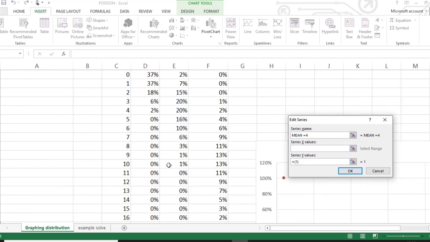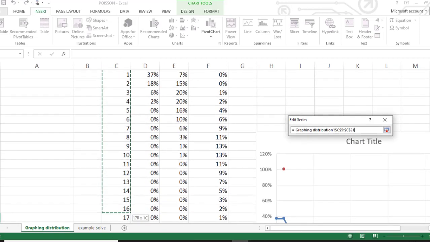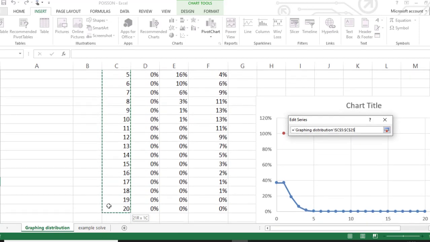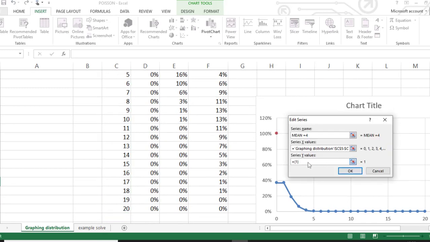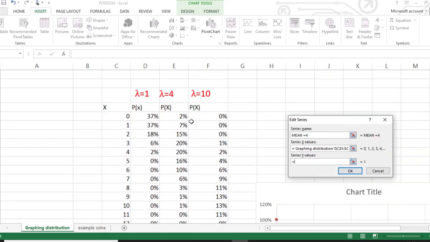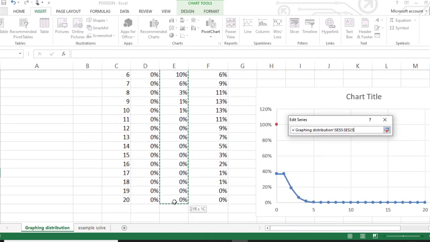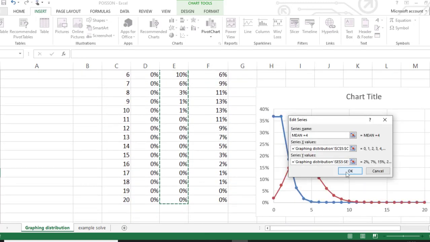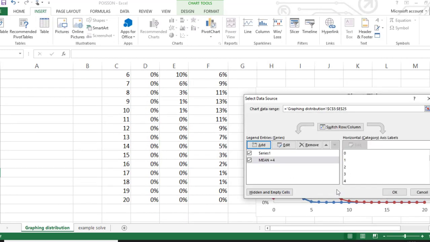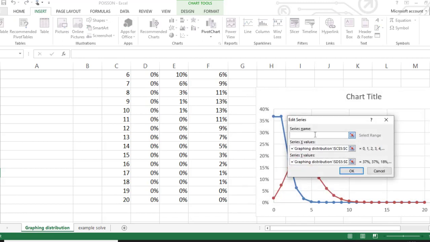Now the x values would be the same, that is from 0 to 20, and the y values would be the corresponding probability for x when lambda is equal to 4. This would come somewhat like this. Okay, and let me edit the series one also here. Mean is equal to 1.